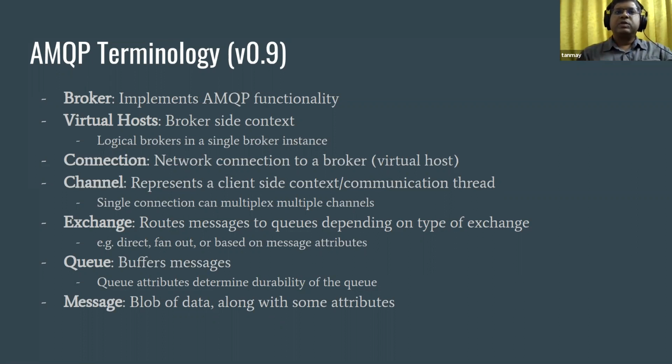A program talks to the broker via a connection, which is a TCP network connection. When it talks over a connection, it uses something called a channel, which is again a logical concept. A channel allows a client to have multiple contexts, similar to the server context, which is the virtual host. The client also can have a logical context, which is the channel.